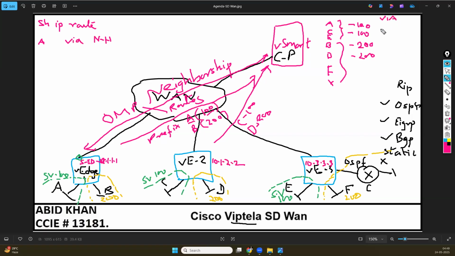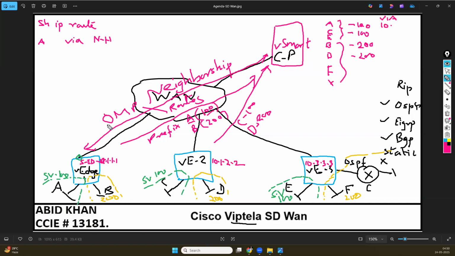So here A will be via, it will not send this WAN interface. This WAN interface is what? Underlay. This reachability between them is what? Underlay. As I said, this protocol OMP is going to run over the underlay. It is like in a traditional WAN, where we have IGP running.